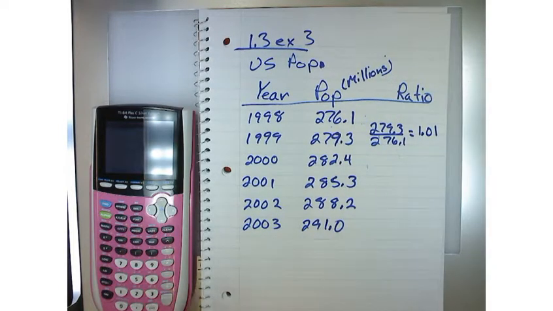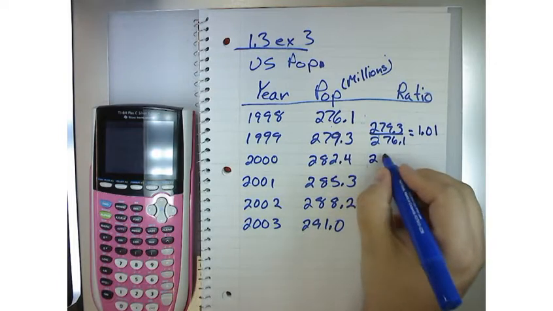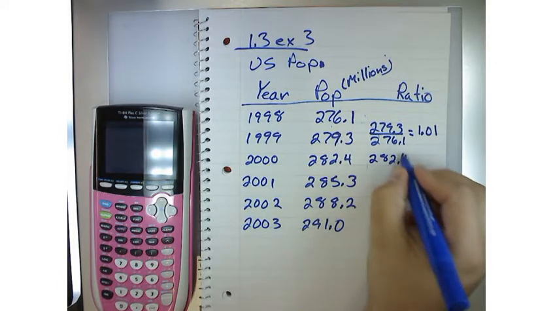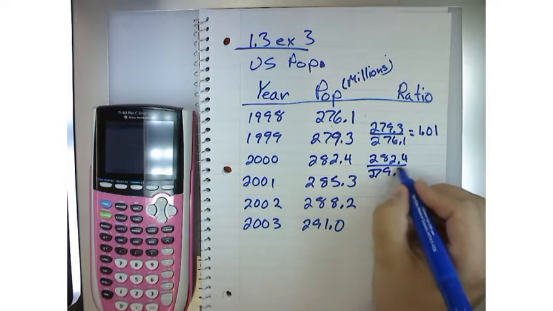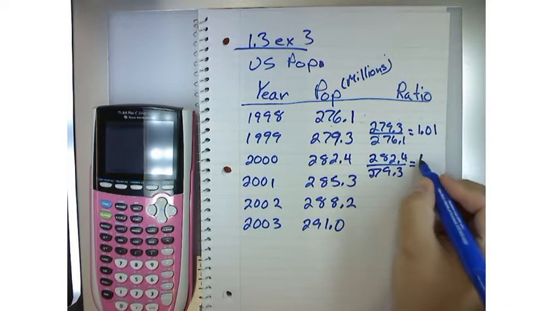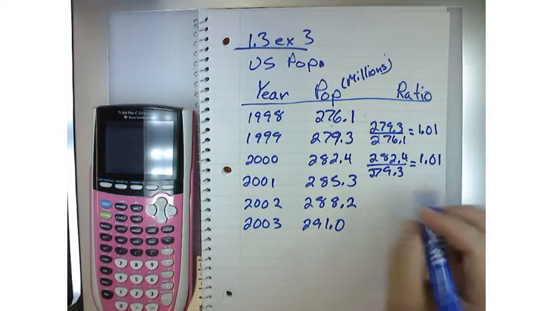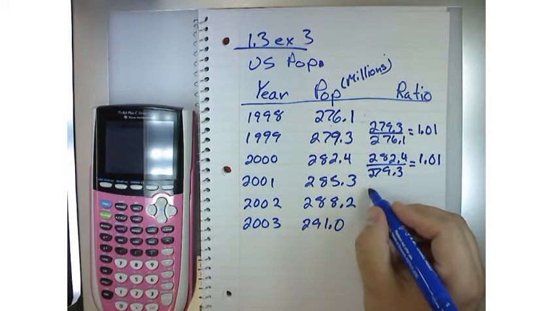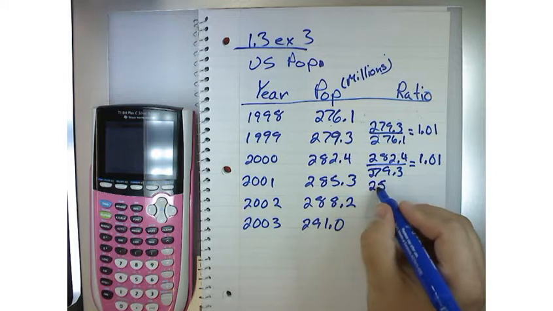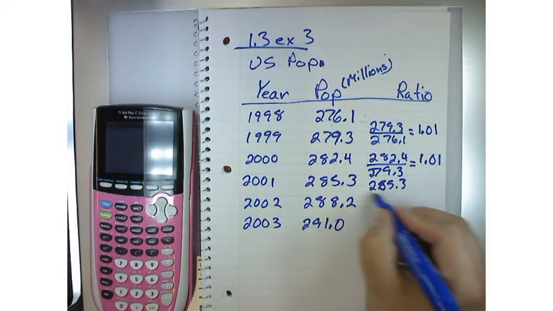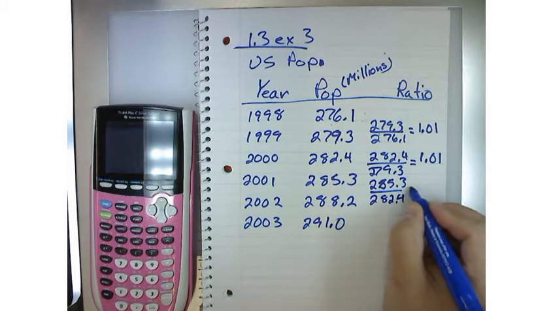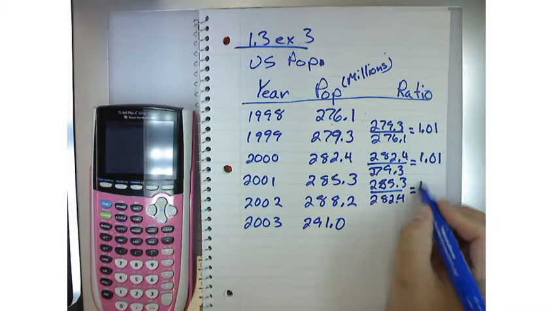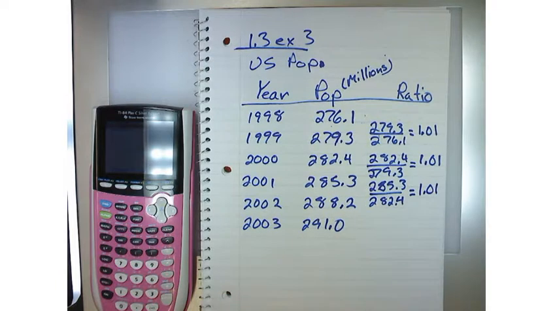If we do that with the next two numbers, 282.4 over 279.3, we'll get about 1.01. And again, 285.3 over 282.4, again we're going to get 1.01, and so on and so forth.